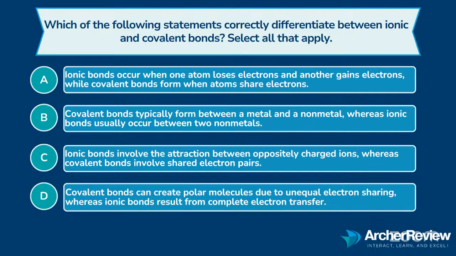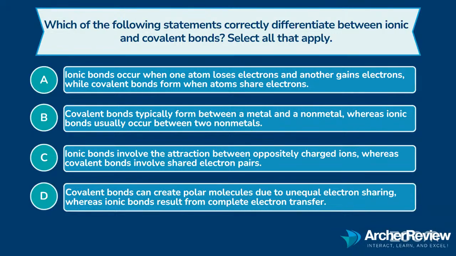Which of the following statements correctly differentiate between ionic and covalent bonds? Select all that apply. A. Ionic bonds occur when one atom loses electrons and another gains electrons, while covalent bonds form when atoms share electrons. B. Covalent bonds typically form between a metal and a nonmetal, whereas ionic bonds usually occur between two nonmetals.